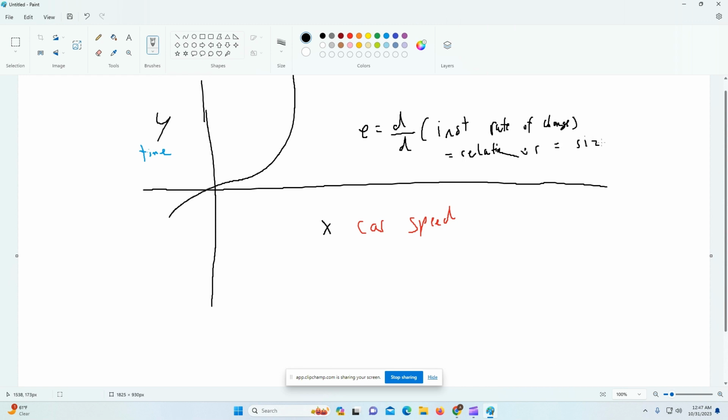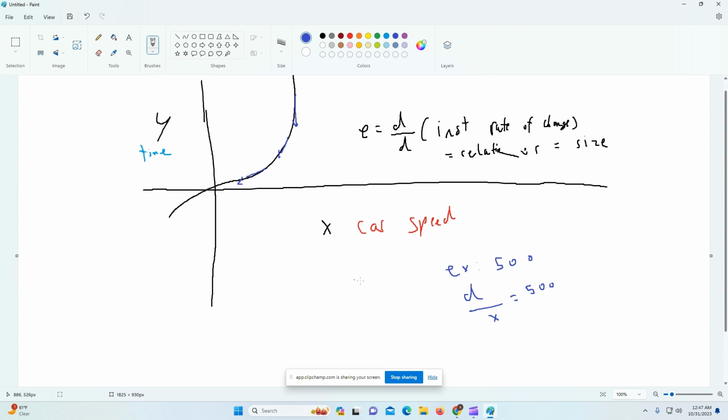And what I mean by that is if our car speed is equal to, for instance, 500, that means the rate of change of our speed, so how fast our speed is increasing, is also going to be 500. Now this is why Euler's number is one of the fastest functions ever, and it gives us this S-curve because the slope is the same as the size wherever you take it, right?